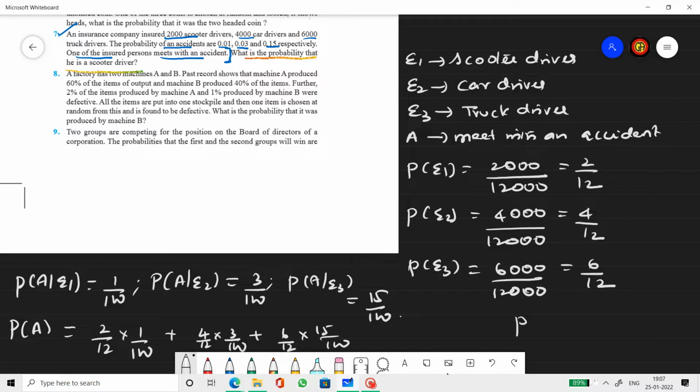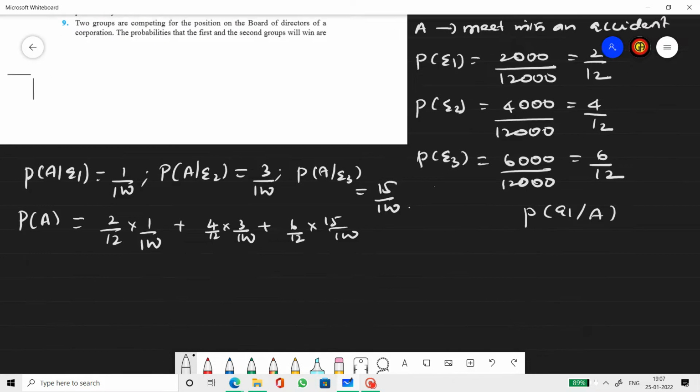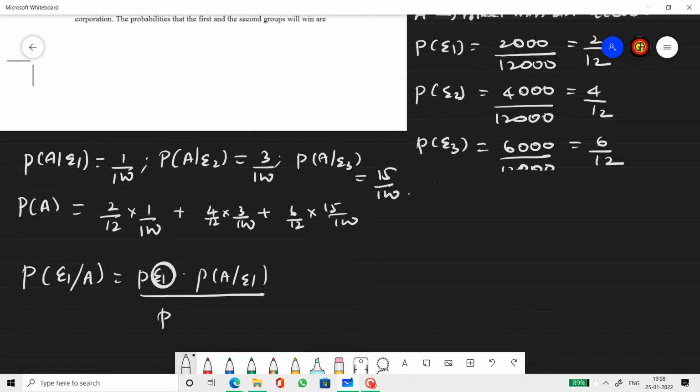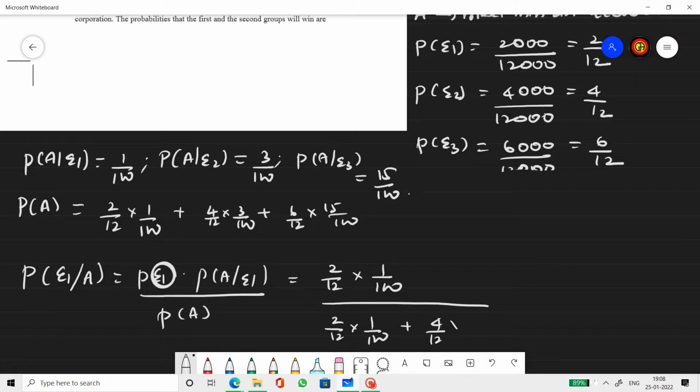So, they want us to find again E1 given A. P of E1 given A is P of E1 into A given E1 divided by P of A, which is 2 by 12 into 1 by 100 divided by 2 by 12 into 1 by 100 plus 4 by 12 into 3 by 100 plus 6 by 12 into 15 by 100.